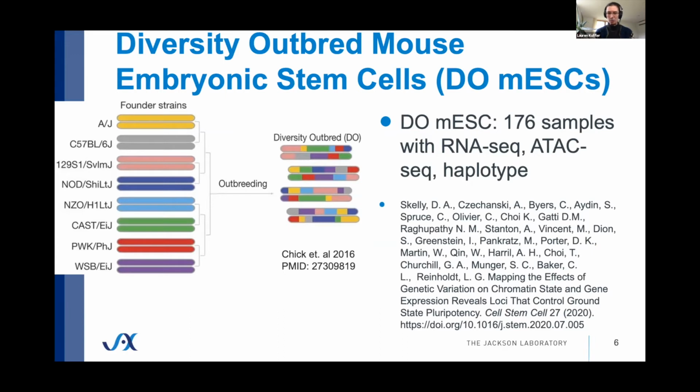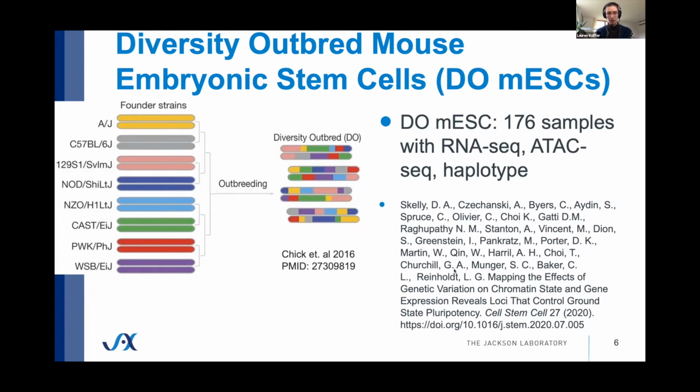So to dig into these questions about local regulatory area and genetic and epigenetic interactions, and our example gene, we decided to employ a panel of Diversity Outbred mouse embryonic stem cells created by Predictive Biology from Jackson Lab mice.